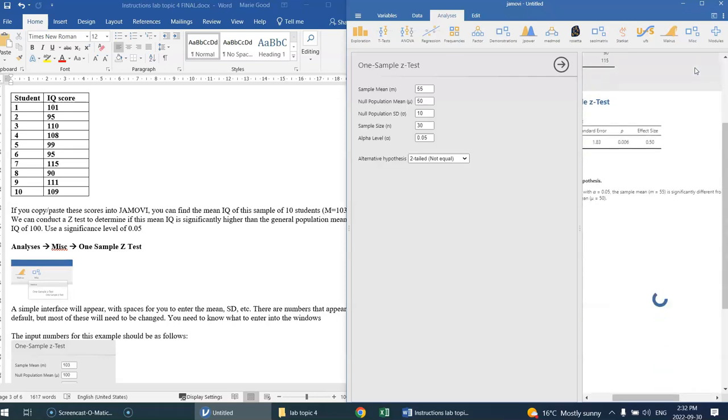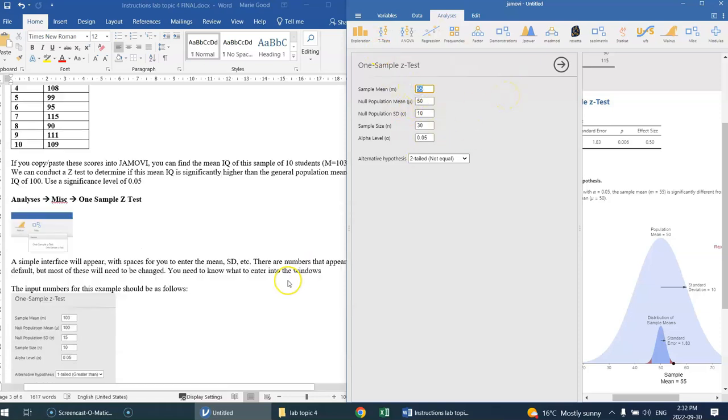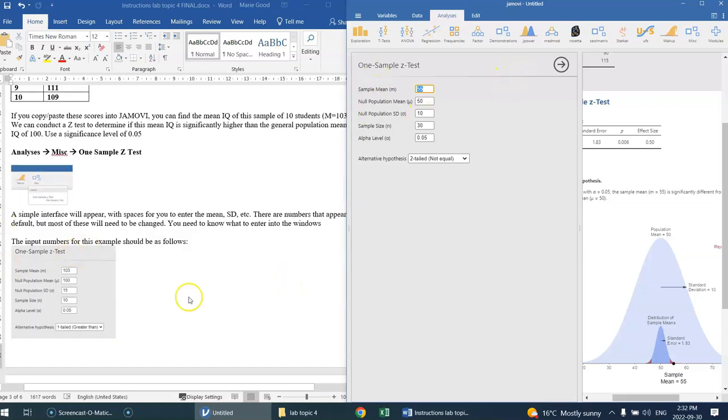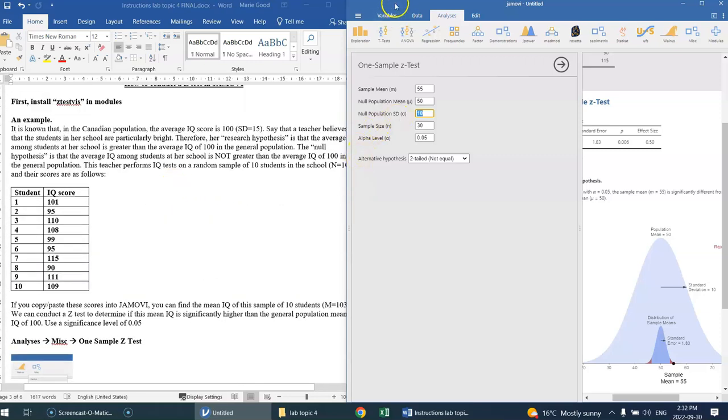All right, so this is a little bit different, this Z-test module, because instead of putting variables into windows, like we did in exploration, where we were getting the mean, standard deviation, etc., we don't see this here. What we see are some input parameters, and we need to enter these numbers so that they match with our problem numbers.